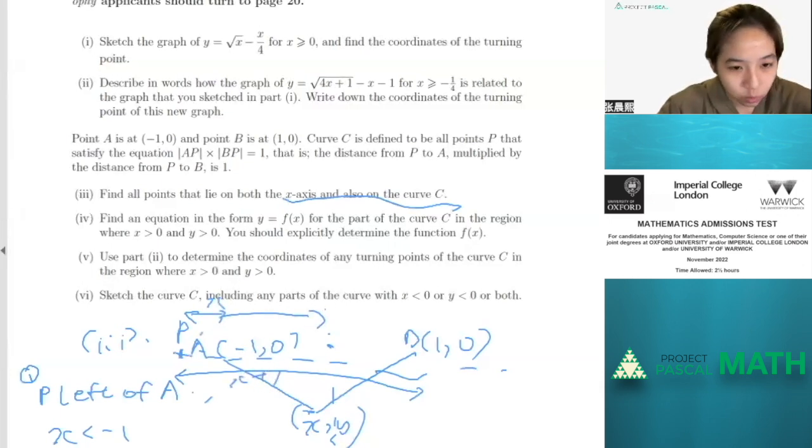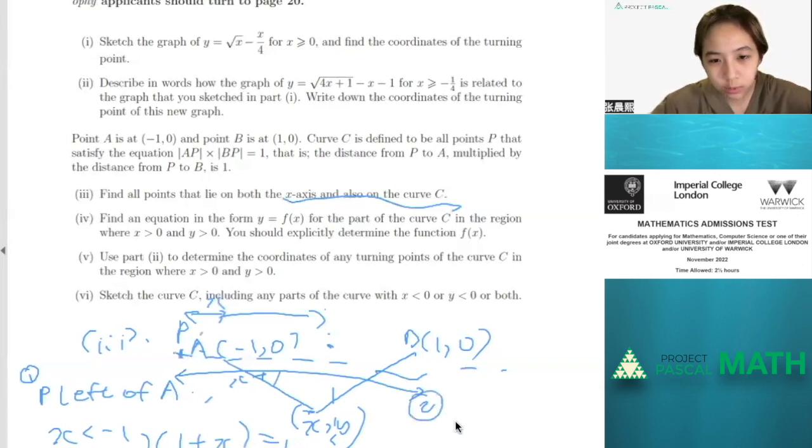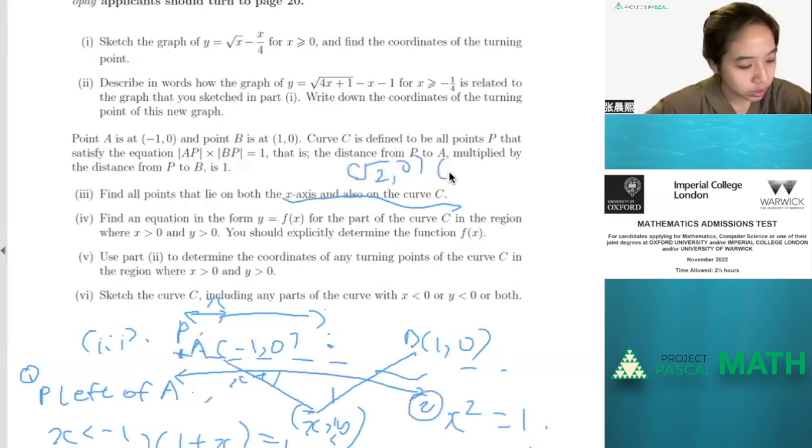So you get 1 minus x times 1 plus x equals 1, and so x equals negative root 2. And this is the same thing on the other side, so x equals root 2. And now you consider when it's between everything, so x squared equals 1, which gives you the origin. And so the points are root 2, 0, negative root 2, 0, and 0, 0.